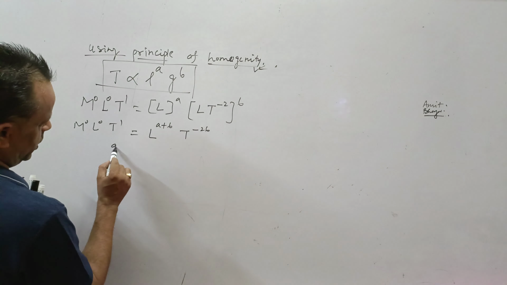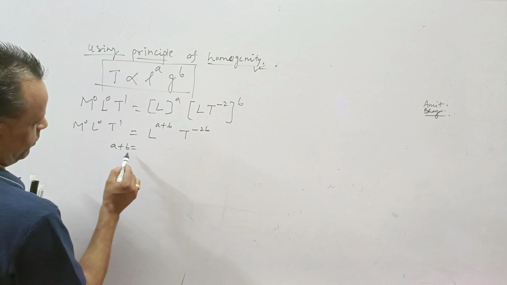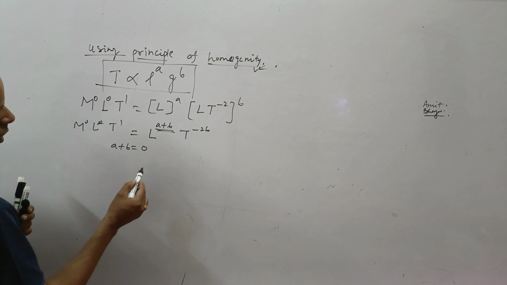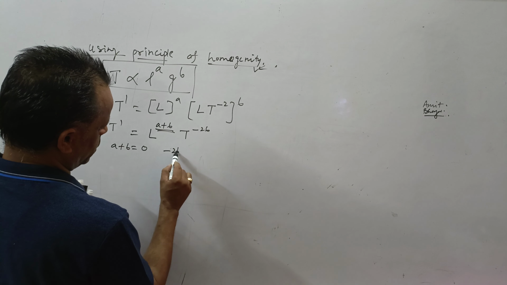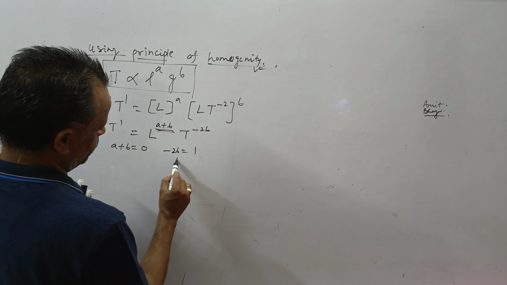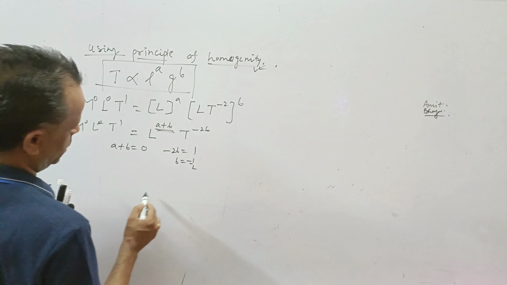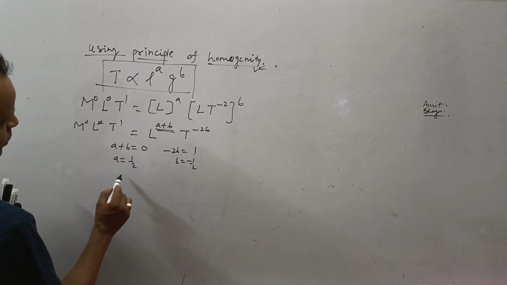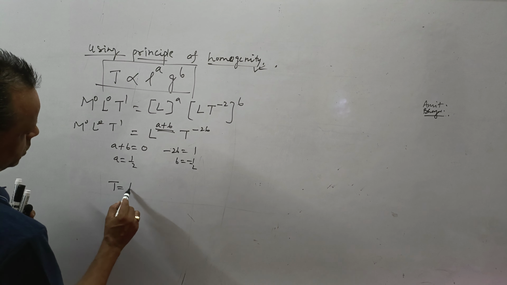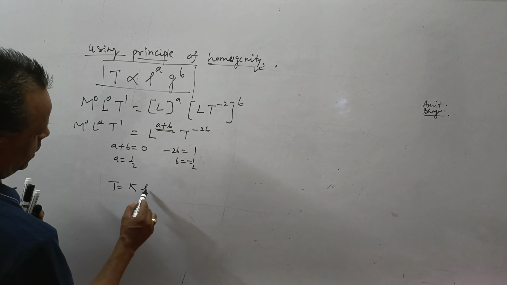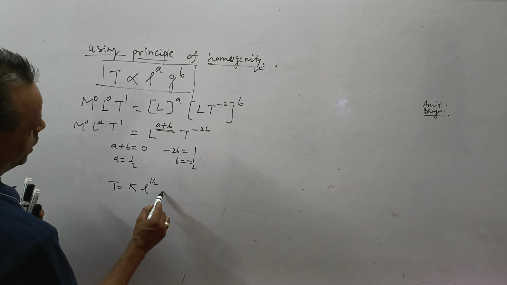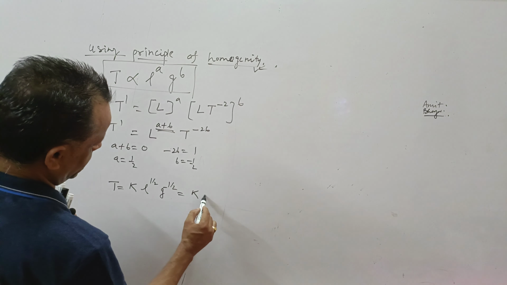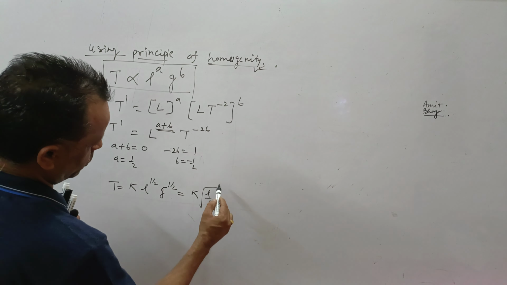Using the principle of homogeneity, a plus b will be equivalent to 0 and minus 2b will be equivalent to 1. So b is coming out to be minus 1 by 2. Placing the value over here, a will be equivalent to 1 by 2. So we will say L to the power 1 by 2 and g to the power minus 1 by 2, which can be written as T equals k root of L by g.